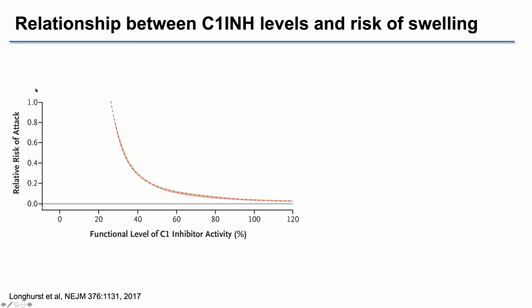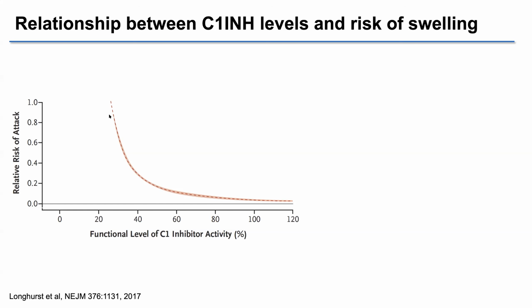And what allowed us to see this relationship was the ability to replace C1 inhibitor up to various steady states and see what the impact on attack rates were. And that's shown in this curve, which has 95% confidence levels in the solid red. The dotted red is the actual curve, and it's the relative risk of an attack.